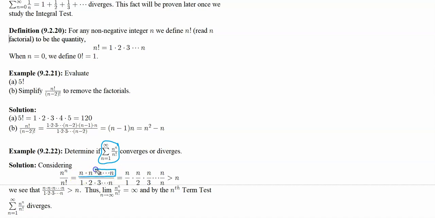So you have n of these numbers n, whatever they are. For example, 4 to the 4th power, that's 4 times 4 times 4 times 4. So you got 4 4s being multiplied. Okay. Then in the denominator, you have n factorial. So that's 1 times 2 times 3 all the way out to n.